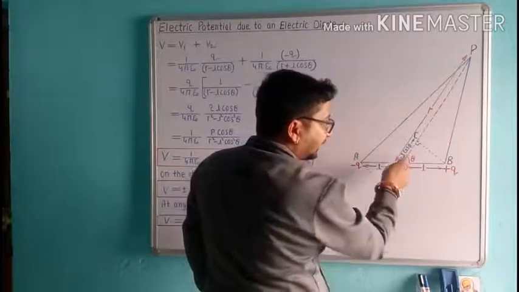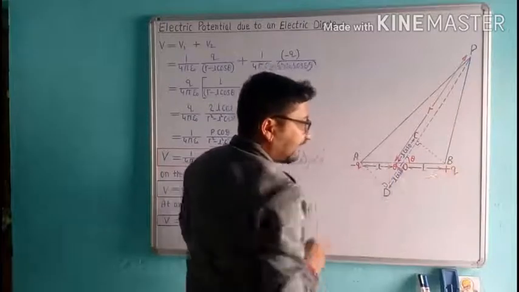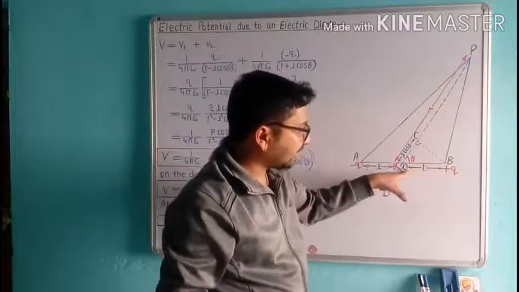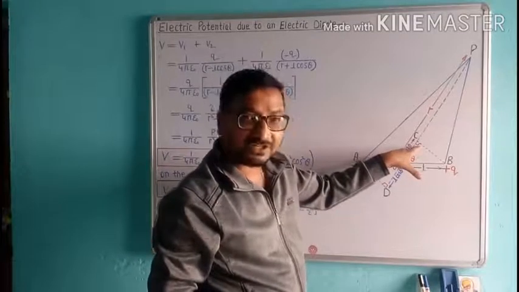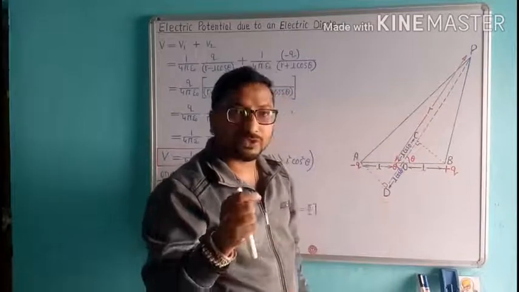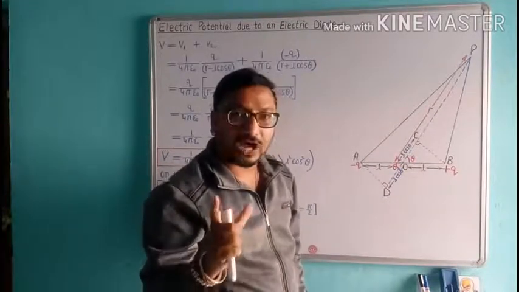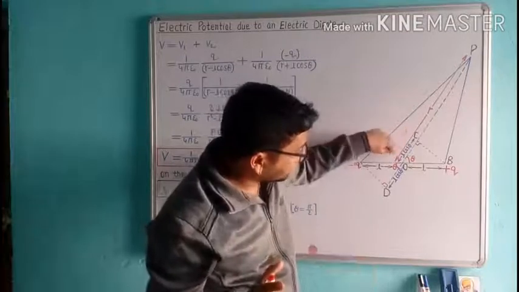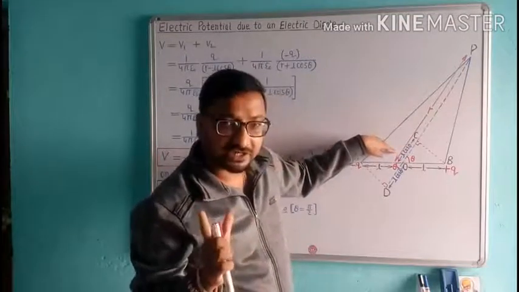Now, in the triangle OBC, this is length L, this is angle theta, and this is 90 degrees. Using the formula cos theta is equal to base upon hypotenuse, we get the length of OC, that is L cos theta.